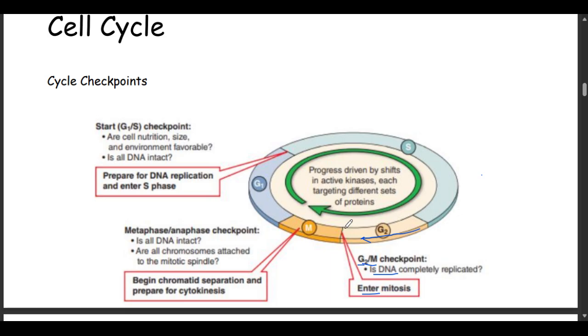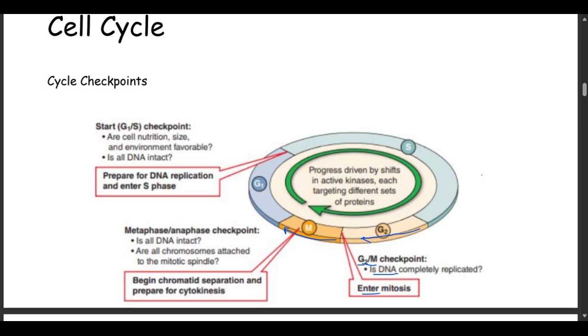Okay, so between these two, G2 and M phase, you're going to check if all of the DNA has been completely replicated, everything has occurred properly, and then you can move on into mitosis or the cell division phase.